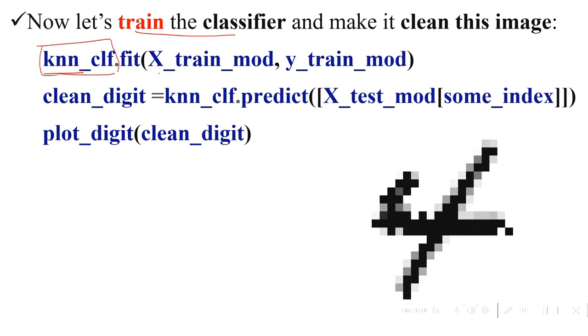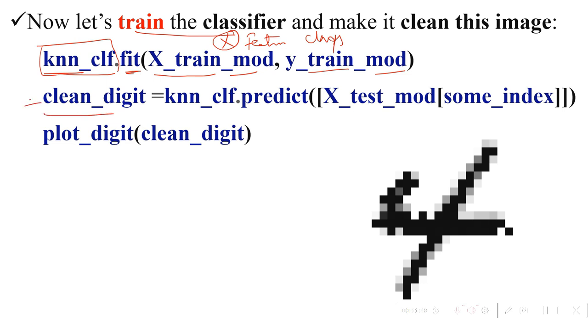On this classifier, we train with the fit function, providing the X_train data and the y_train data, that means X_train_modified and y_train_modified. That means the features are provided and the corresponding labels are also provided.